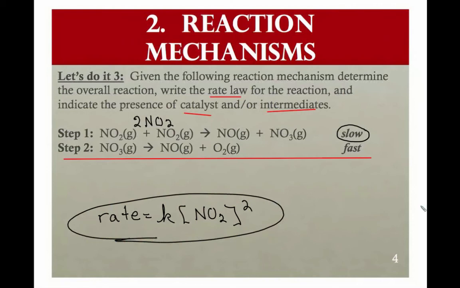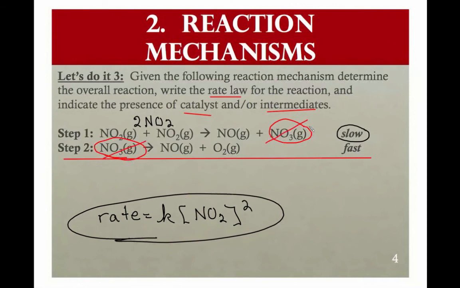Now let's identify substances that get canceled. All right? Now, NO2 is present as a reactant, and it shows up nowhere as a product. NO shows up, but then it stays. It's a product and a product. It has to be a product and a reactant, or a reactant and a product to cancel. So NO is just products. It doesn't cancel. NO3 is a product here, and it's a reactant here.